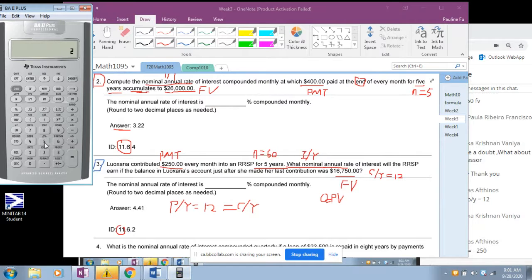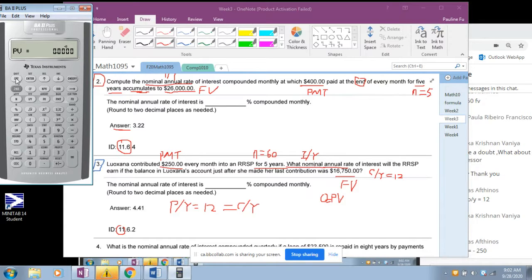250 negative PMT, then 60 N, then 16,750, that is FV, and then 0 PV.